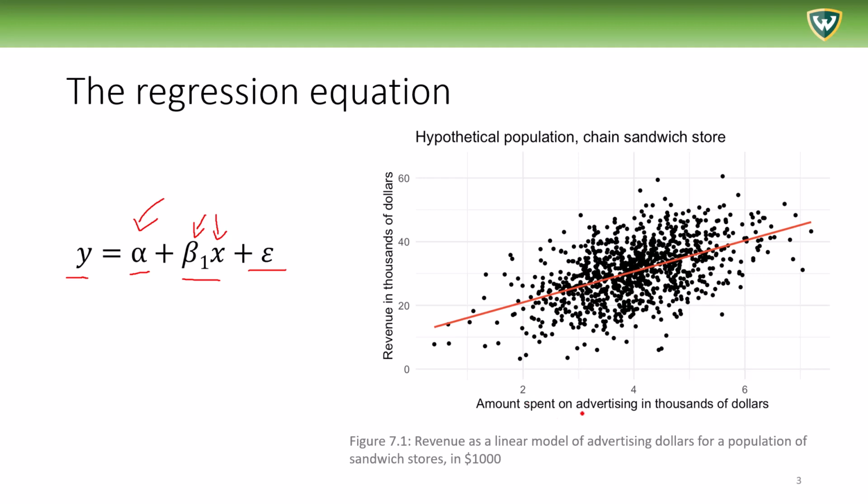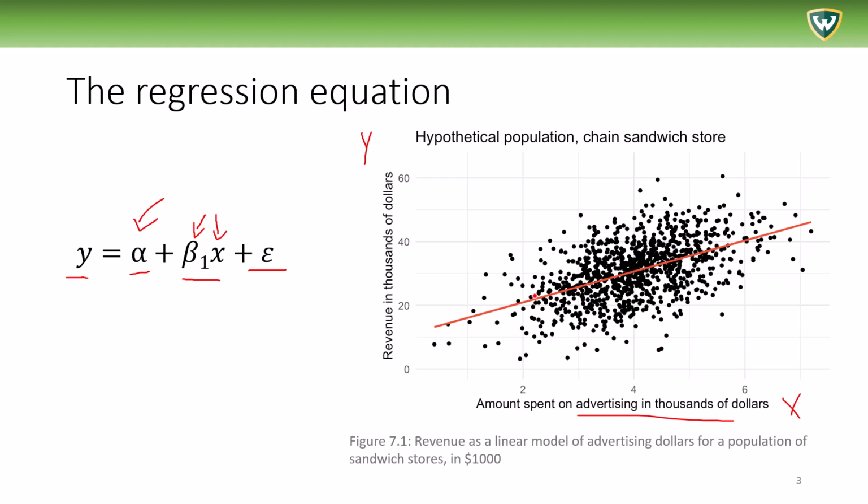So let's assume we have two variables, and here we have advertising, the amount spent on advertising, on the x-axis. And then we also have revenue for the company. So this is how much a company is spending on advertising, and how much revenue they're getting. These are different locations of each chain.